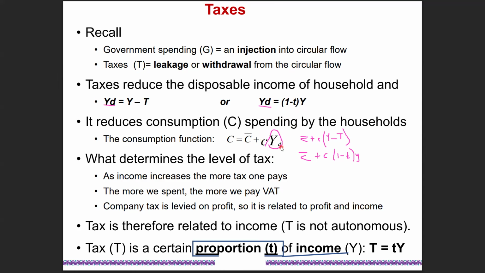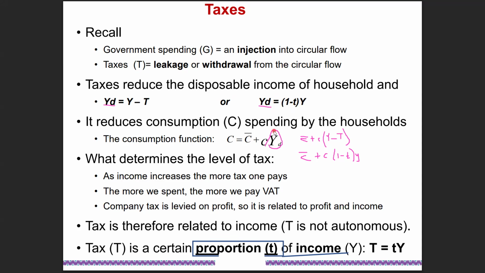So for an induced consumer, their disposable income is going to decrease because of the introduction of taxation. Disposable income is the income a person has after taxation. To calculate it, you say Y minus T to get YD, or you can say 1 minus t times Y to get YD.